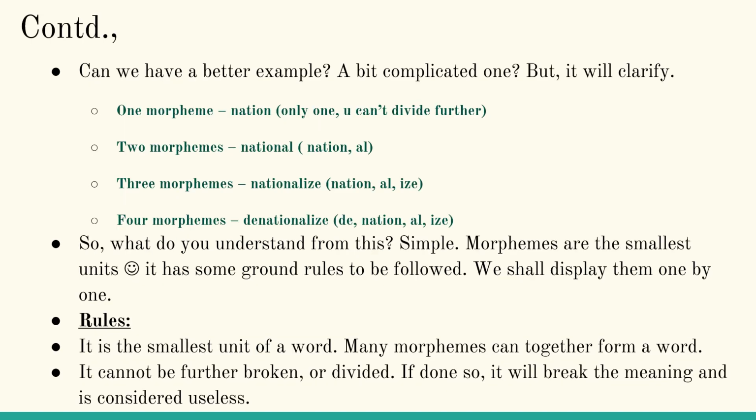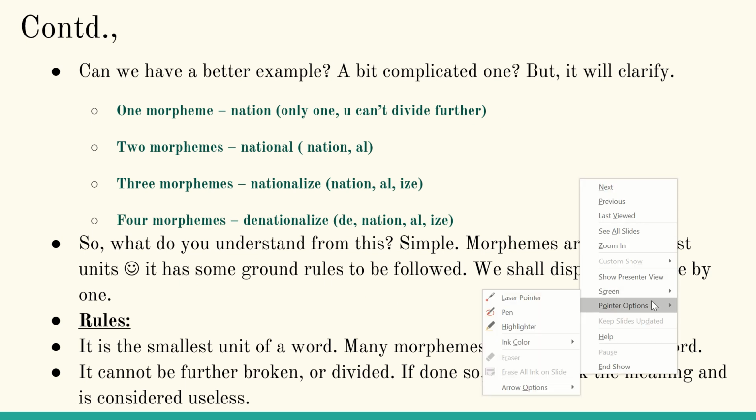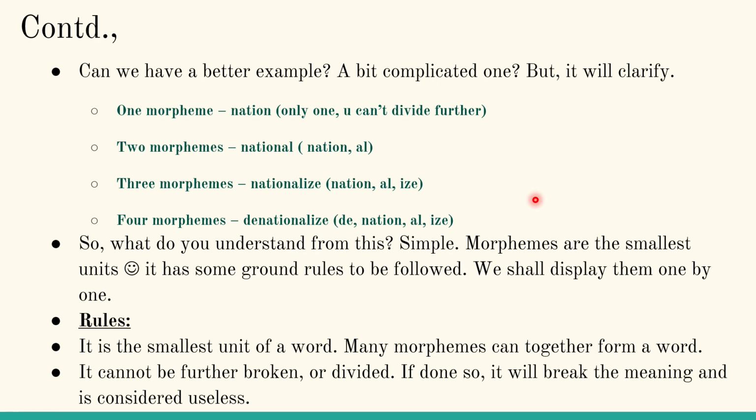Now, I'm going to take a couple more examples that are a bit more complicated, but still easy for you to understand. One morpheme: nation. This is one morpheme which you cannot divide any further. You cannot break it into two or three parts. Now I'm going to make it national. Now I can break it into two morphemes: nation and al.